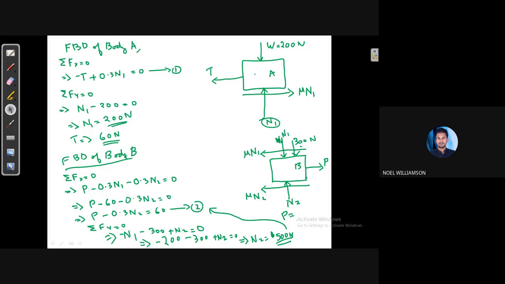So the value of P is 210 Newton. Okay, 210 Newton. This is the value you should get.